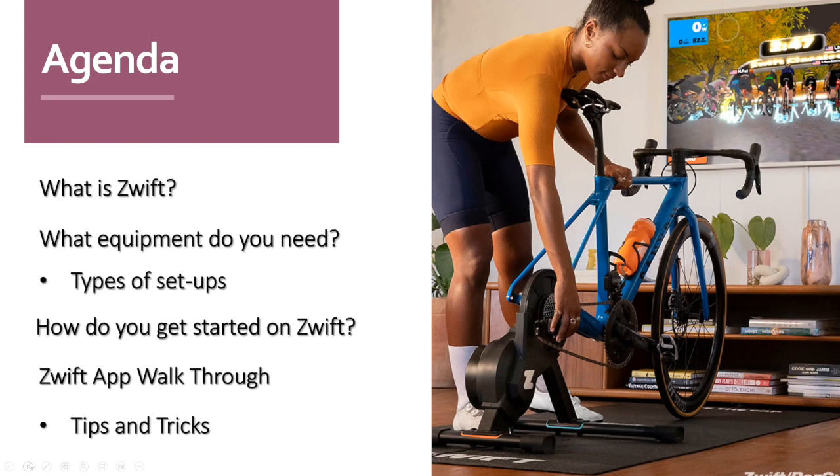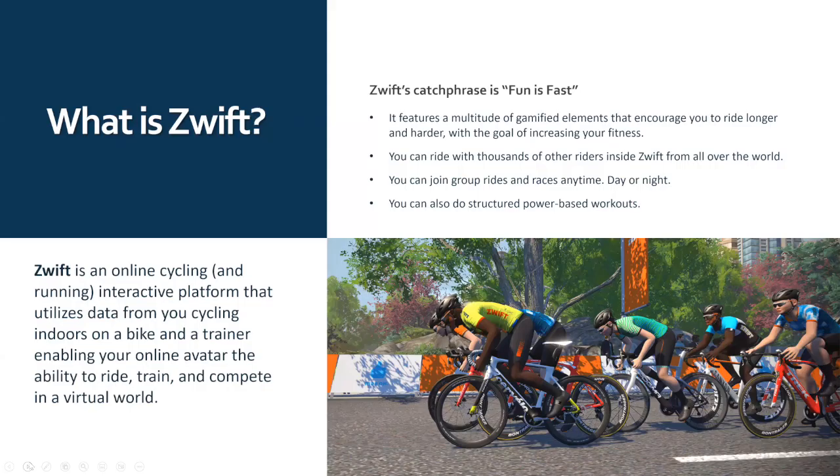So with that being said, let's start off with what is Zwift. Zwift is an online cycling interactive platform that is also inclusive of running as well. I want to let people know that you can actually utilize Zwift to do virtual running as well as virtual cycling.